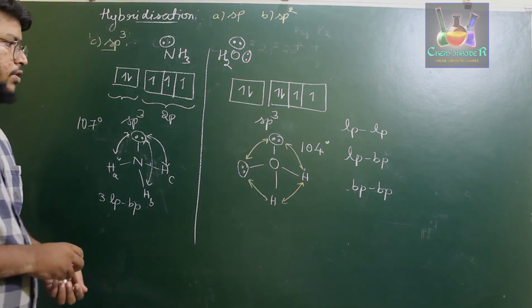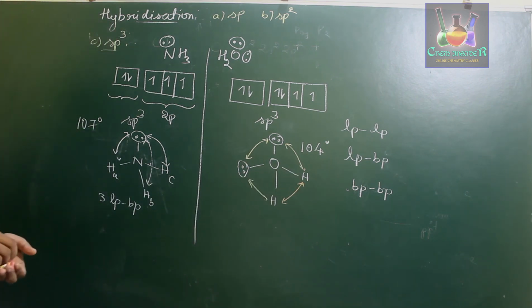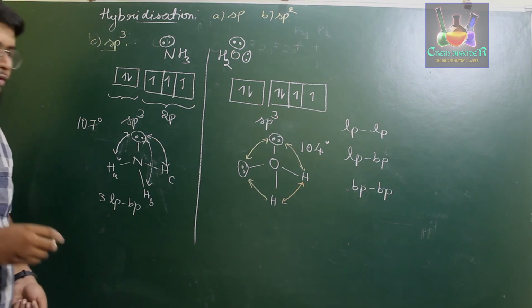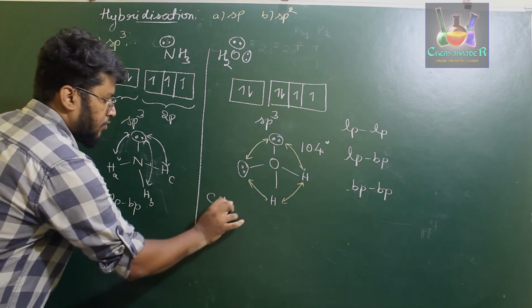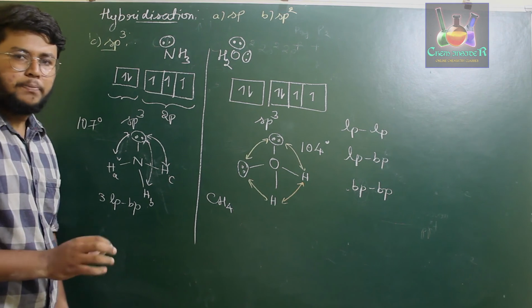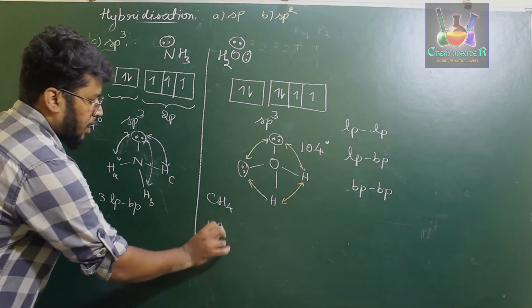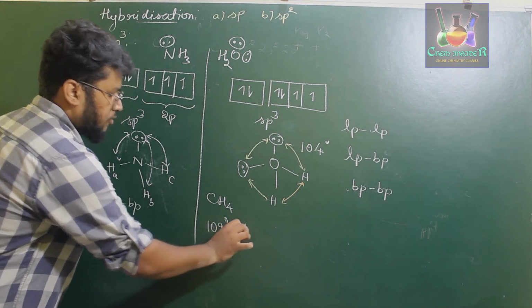So if we consider sp3 hybridization in 3 different examples: CH4, which has just bond pair electrons, has a bond angle of 109 degrees 28 minutes.